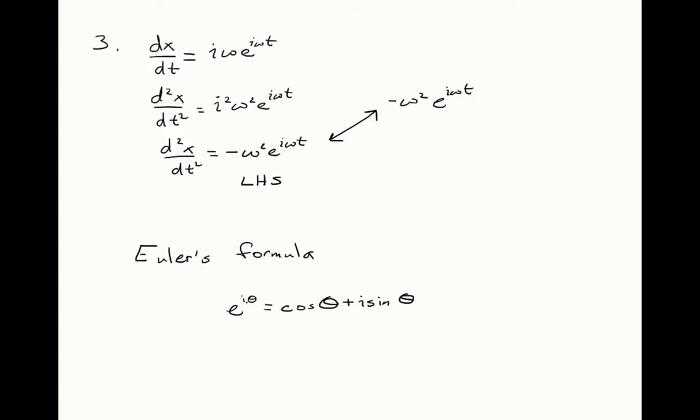So an exponential with an imaginary number in it is actually a combination of cosines and sines, and that's why it can model oscillations. We're going to use this all the time in mechanics. This is important also in quantum mechanics. But before we get on to all those interesting applications, let's review our basics.